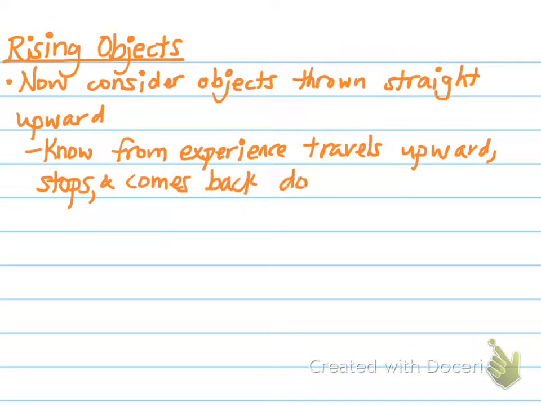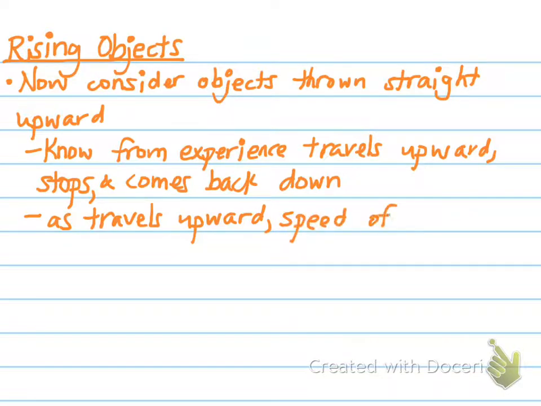You've thrown an object straight up in the air before. Now, thinking a little bit more about that, as that object travels upward, what's happening to its speed? Right? You know that the speed of the object decreases.